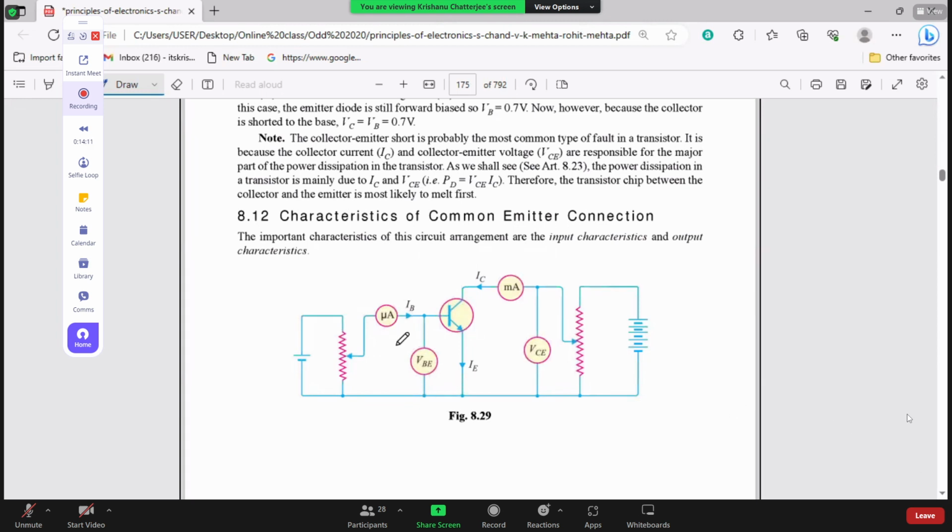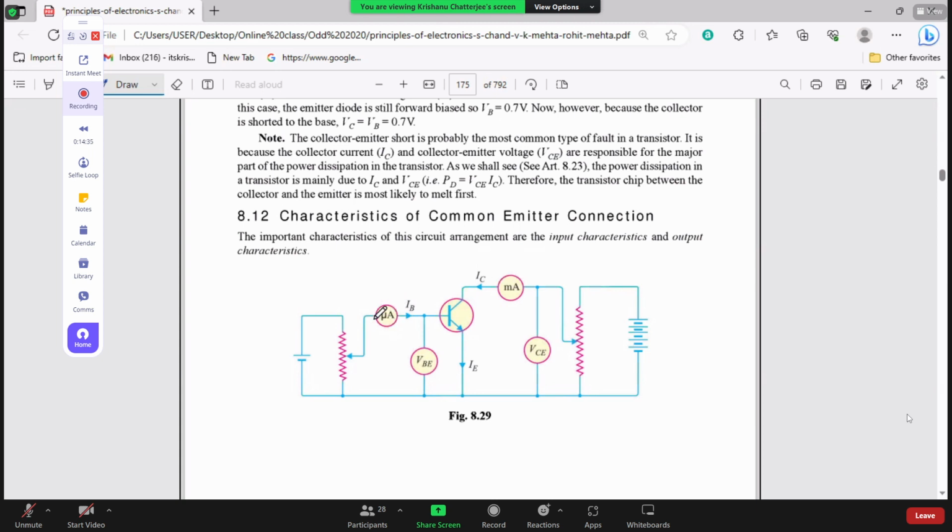This is a single circuit for the input and the output characteristics, and this is the same for all configurations. Only the change is whether we are taking emitter common, base common, or collector common.